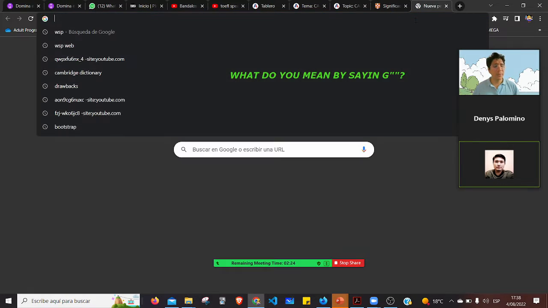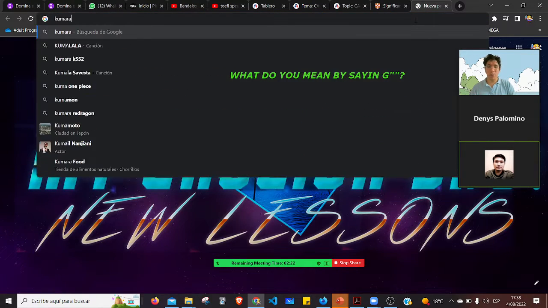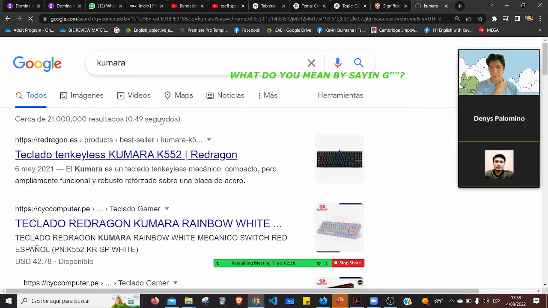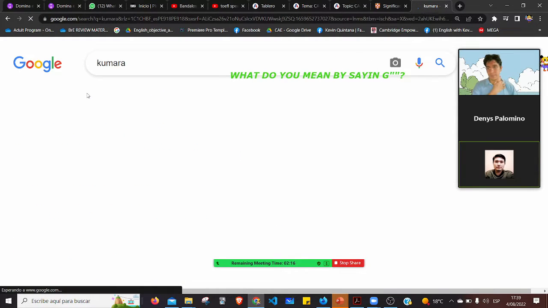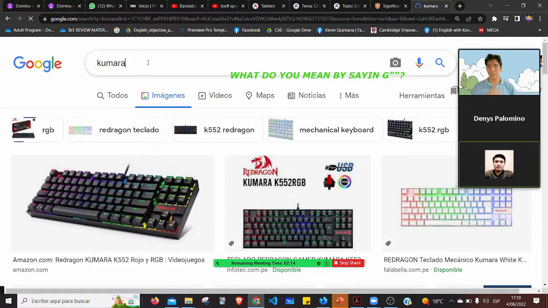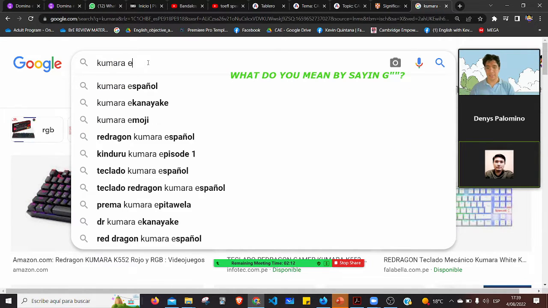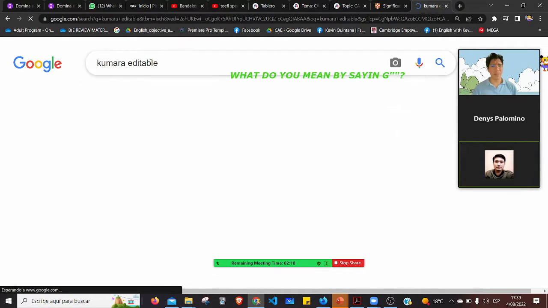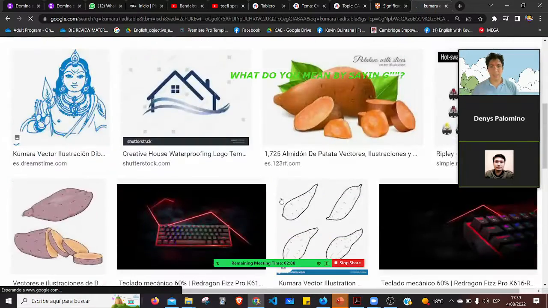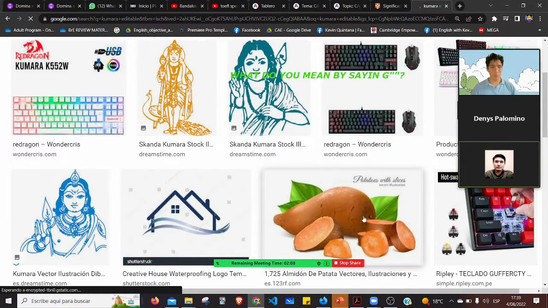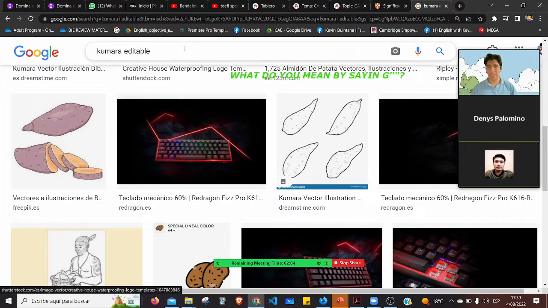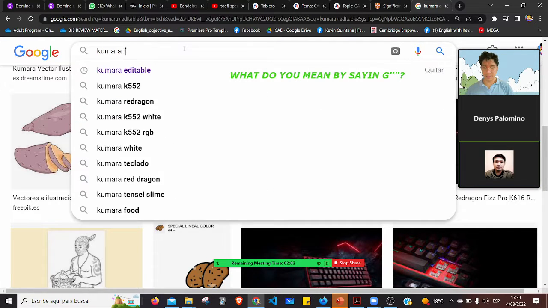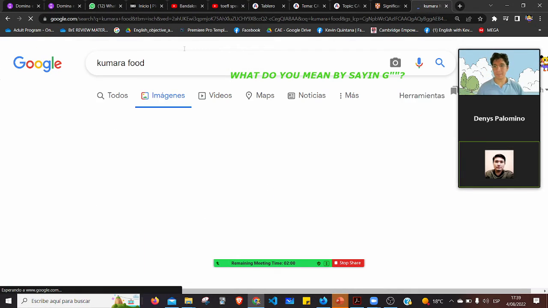But for example, if you go to the market, you use kumara. Kumara. When we buy, we say, "Hey, do you have kumaras?" This one is kumara. Okay. Let me look for the word.